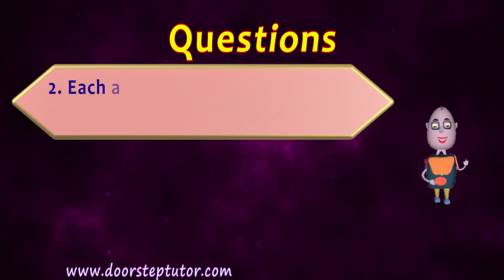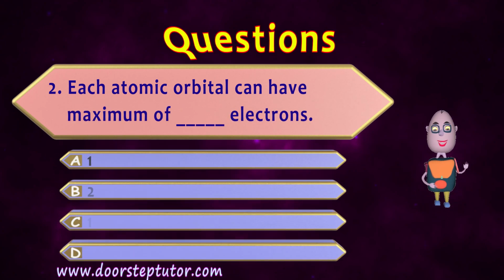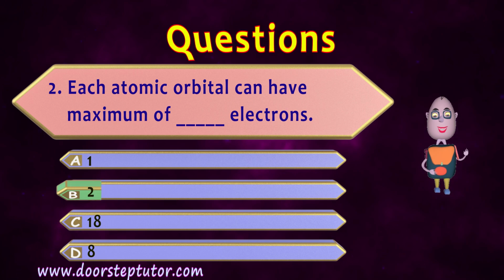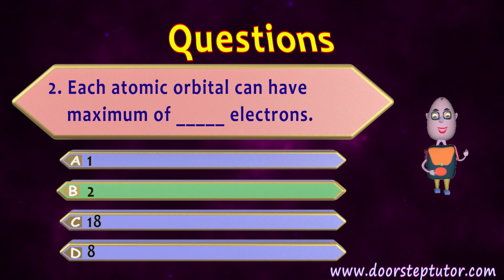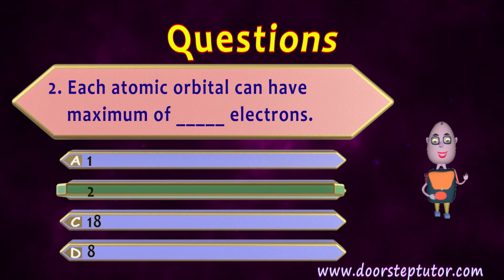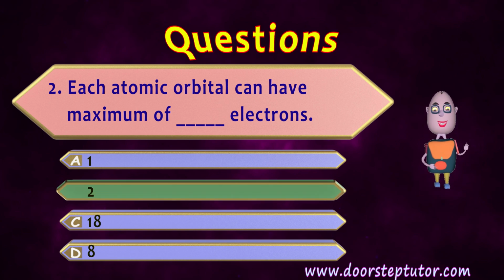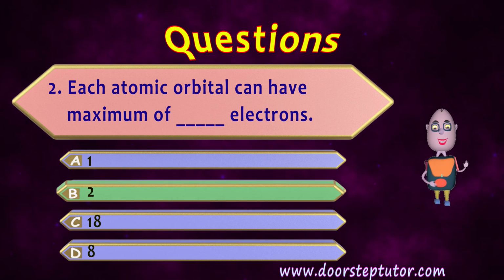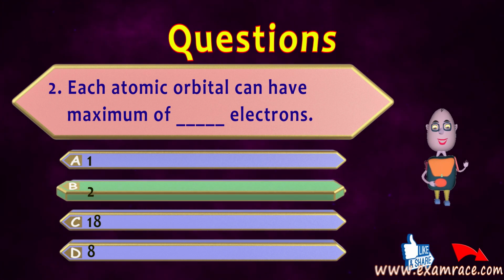The second question is, each atomic orbital can have a maximum of dash electrons. So the number is a maximum of 2 electrons. That's why the first shell has only 2 electrons, because it has only the s atomic orbital.